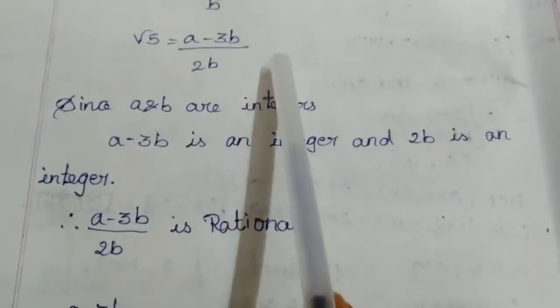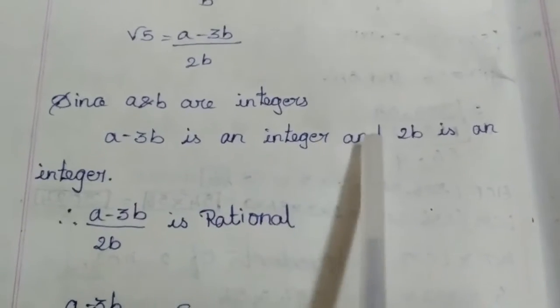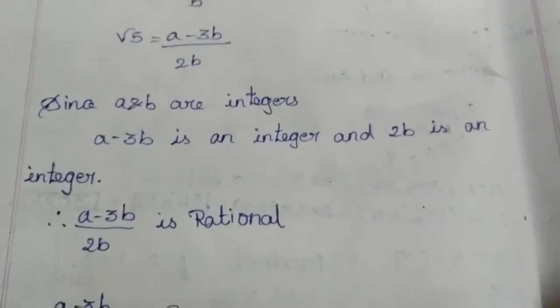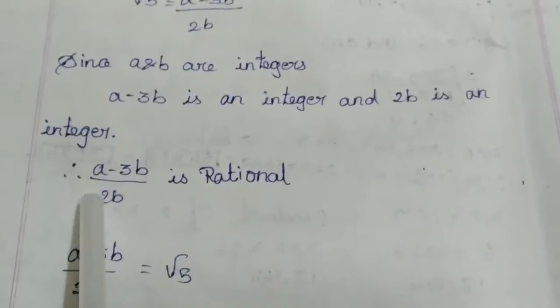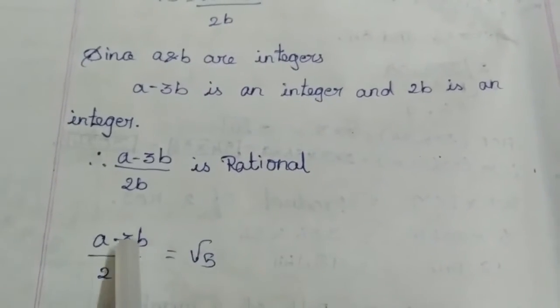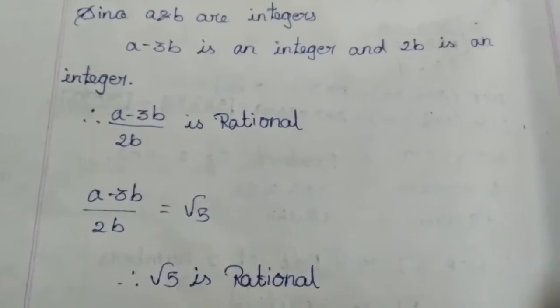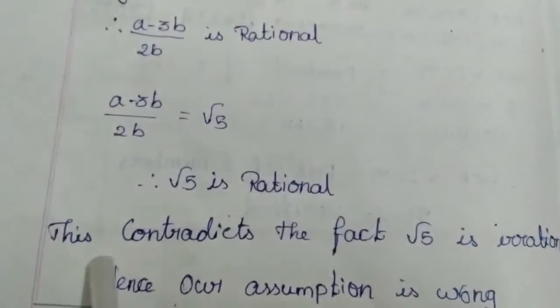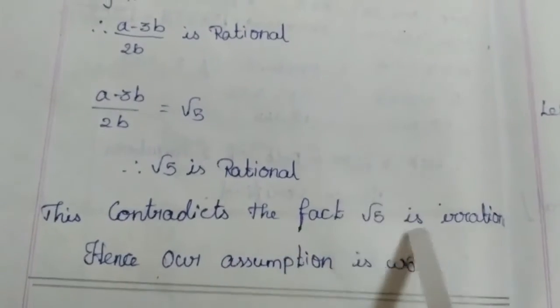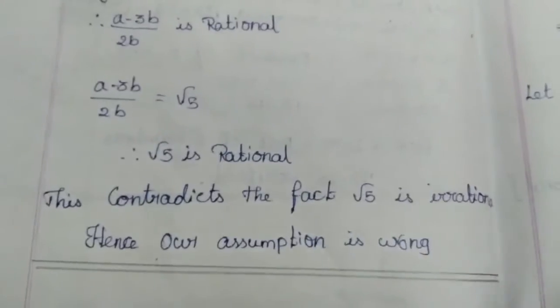Since a and b are integers, a minus 3b is an integer and b is an integer. So a minus 3b by b is a rational number. So root 5 is rational. This contradicts the fact that root 5 is irrational, hence our assumption is wrong.